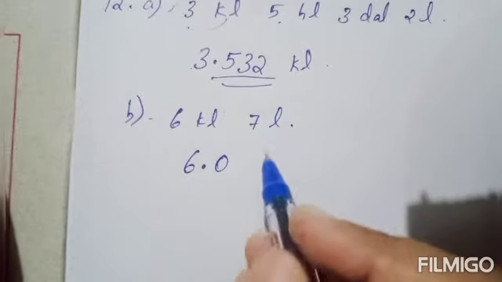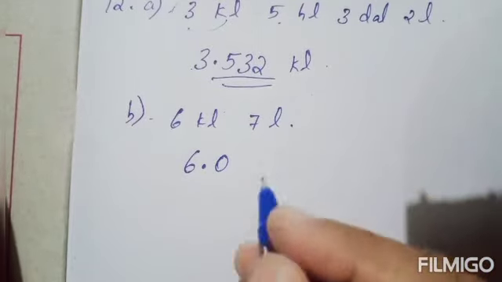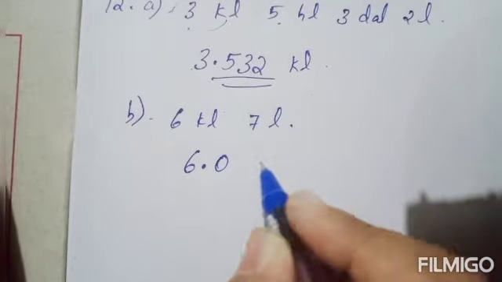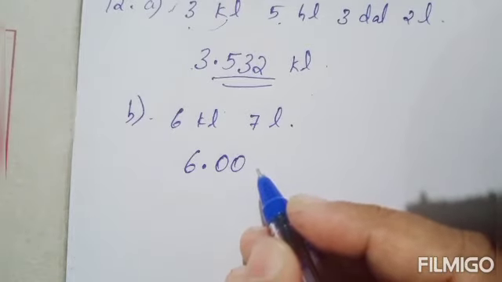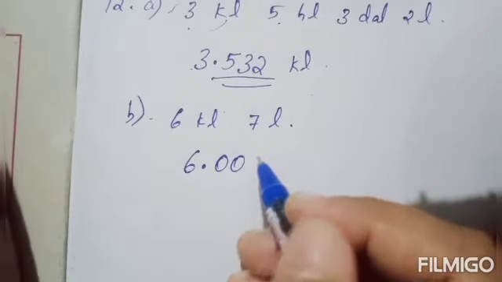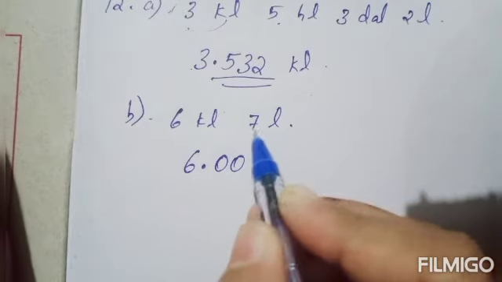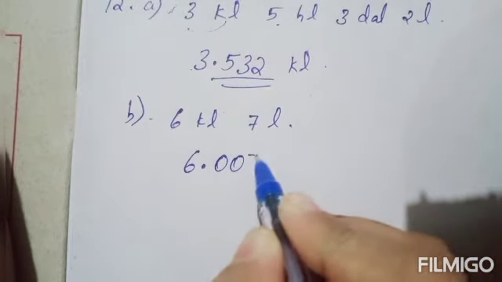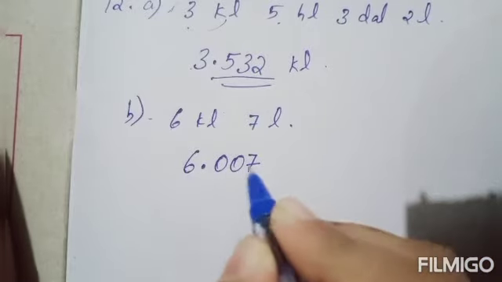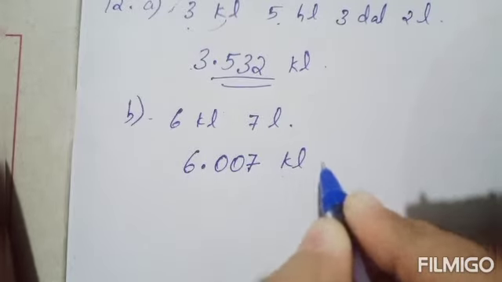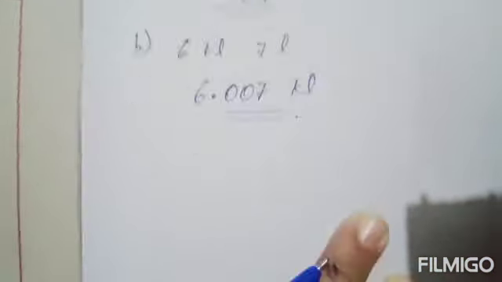Next, the 100th place is decaliter, but that is also not given, so you can put 0 in the 100th place. Now the 1000th place is liter. 7 liter is given in the question, so 7 will come in the 1000th place. 6.007 kiloliter. This will be the answer.